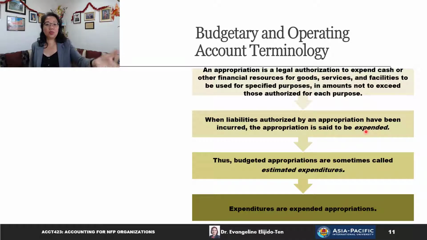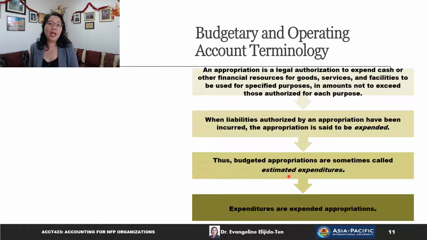That means once the liability exists, the appropriation is considered spent or expended. Thus, the budgeted appropriations are sometimes called estimated expenditures. So expenditures are expended appropriations.